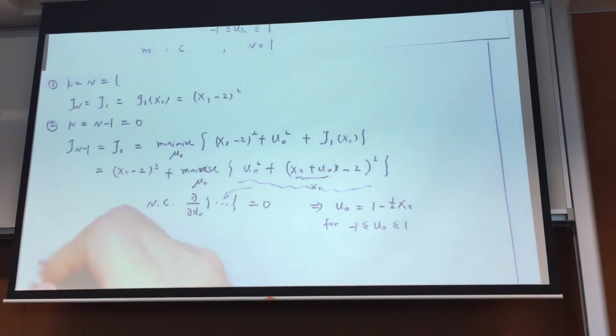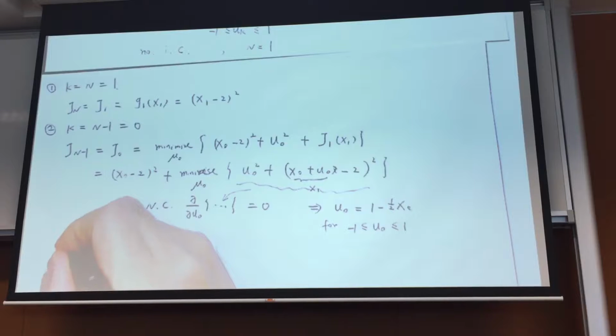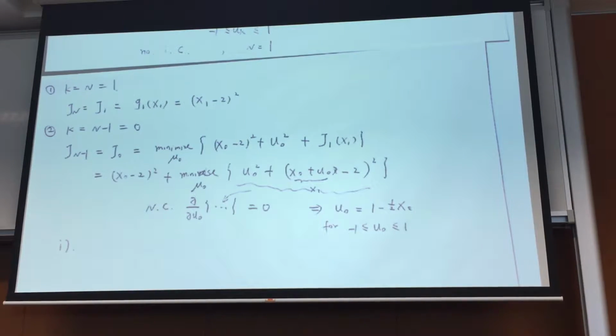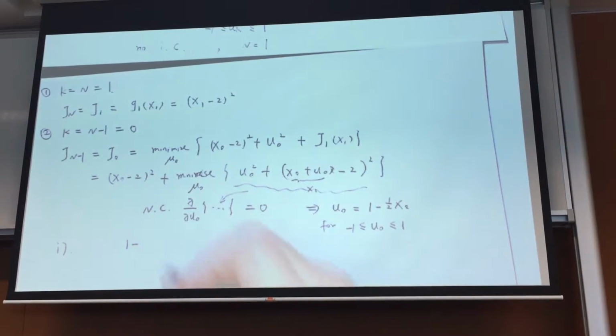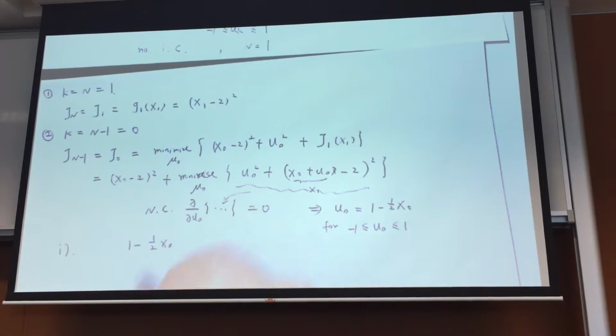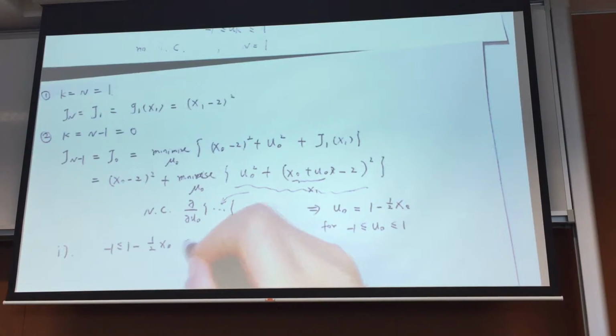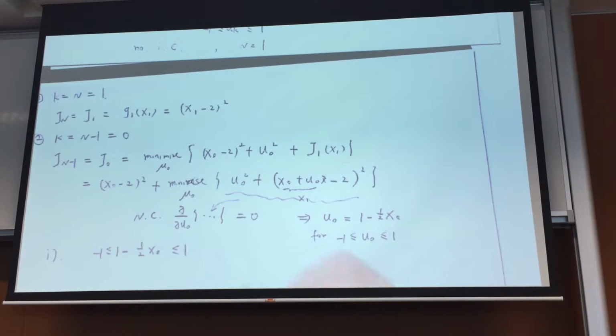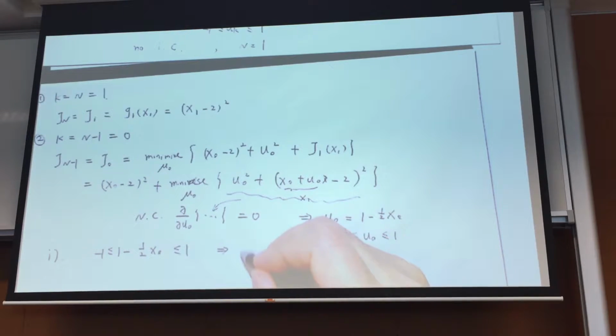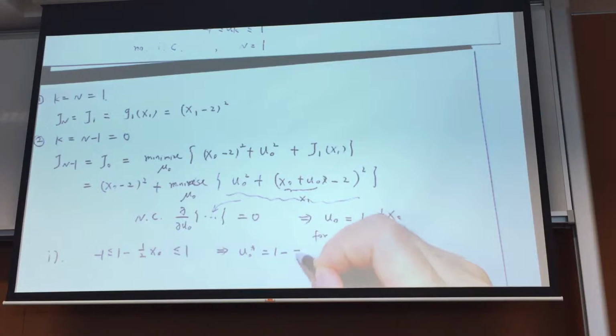So we have three situations in this case. The first one is if 1 minus half x0 is between minus 1 and 1. In this case, we have u0 star equal to 1 minus half x0.